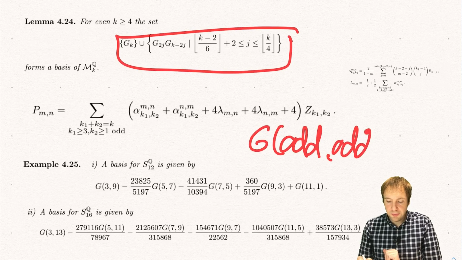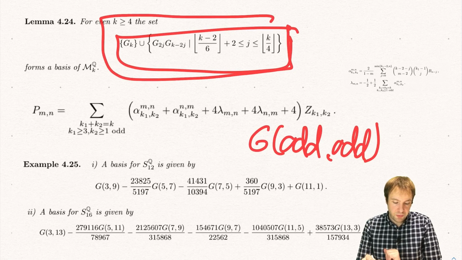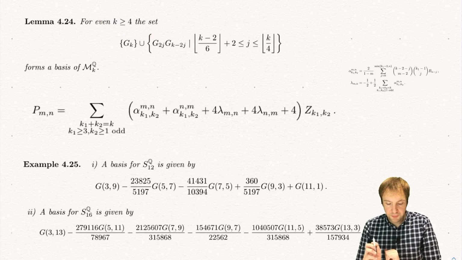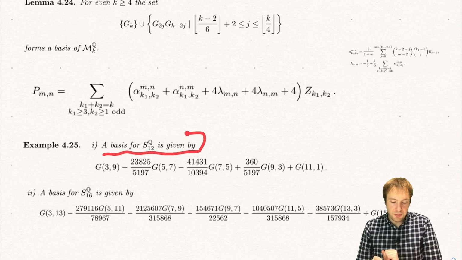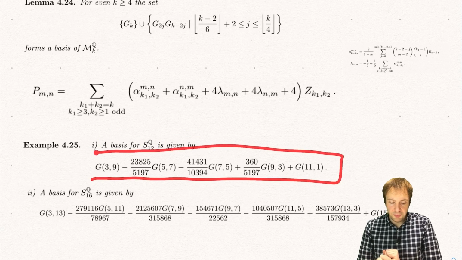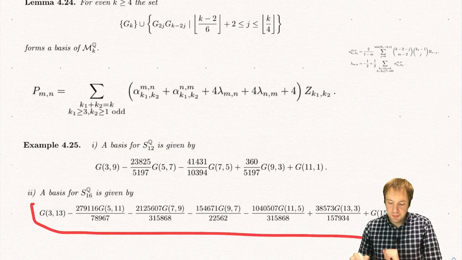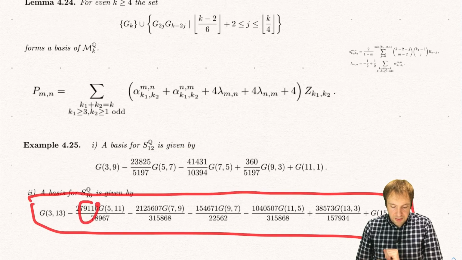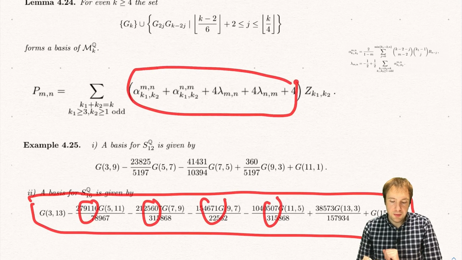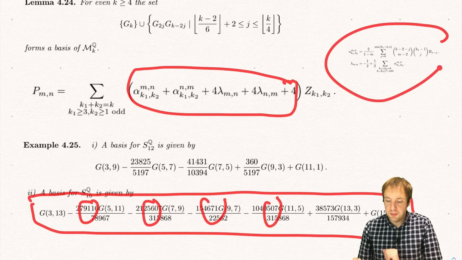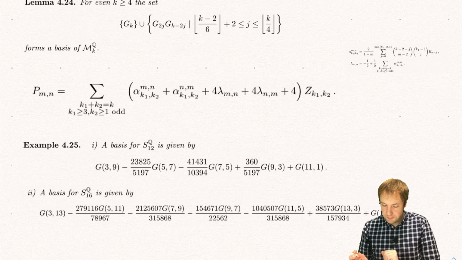So in particular, this can be used to write down an explicit basis for the space of cusp forms in terms of these combinatorial double Eisenstein series in the odd case. And so, for example, in weight 12, the space of cusp forms is spanned by this linear combination, in weight 16 by this, and these coefficients can be written down explicitly by using these explicit formulas we calculated earlier.